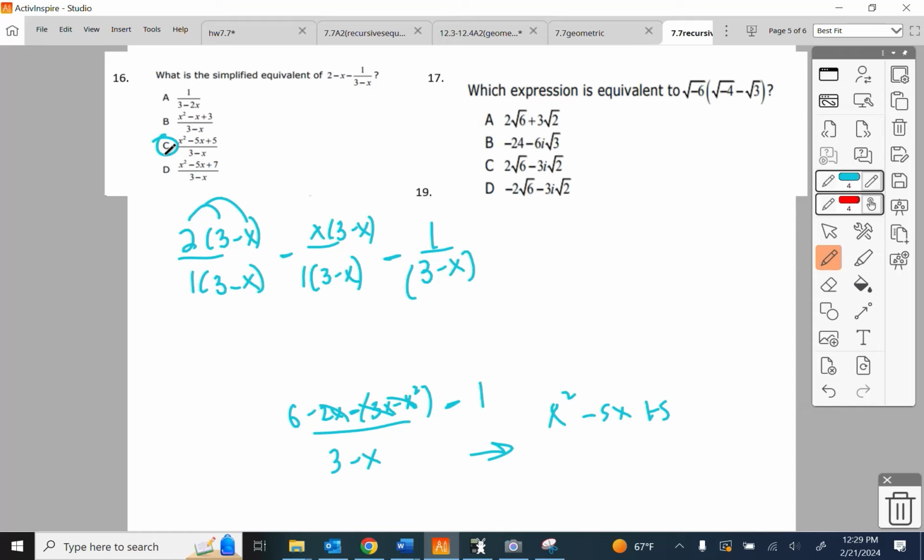17, great non-calculator thing. Which expression is equivalent to this? Trying to think if I should actually work with i squared or not. I don't think I need to.